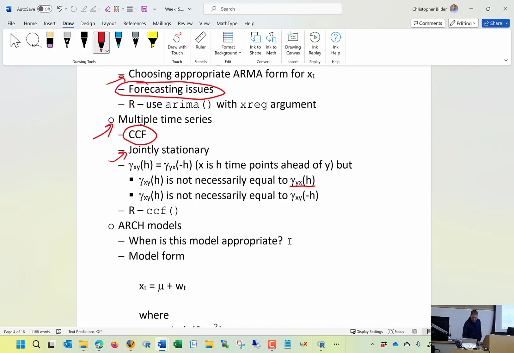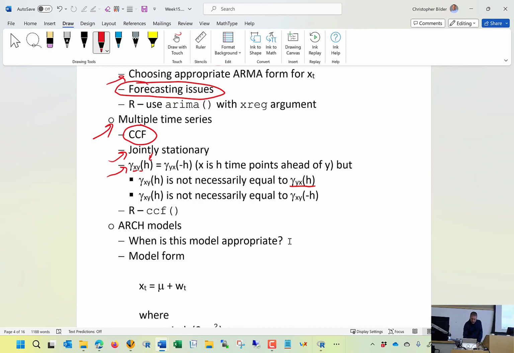You have to be very careful in understanding equivalences corresponding to the cross-covariance function and cross-correlation function, where notice this gamma here represents that I have a cross-covariance function where I'm going to put x first, y second. I have an h lag difference in the times between the two.